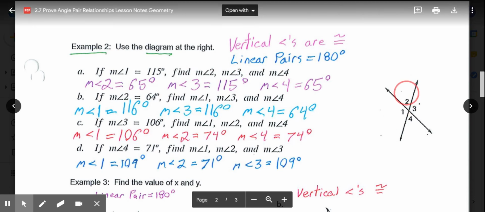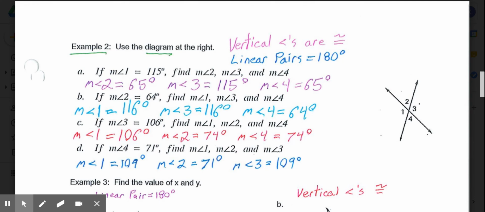Then I know angles 1 and 2 are a linear pair, along with 1 and 4, so those have to add to 180. So 180 minus angle 1, which was 115, leaves 65 degrees for angle 2, which is vertical to angle 4, so 4 is also 65 degrees.